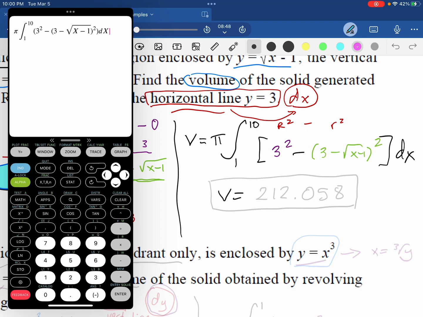It might take the calculator a minute to think about it, but I'm coming out with 212.058. So if you want to pause here for a minute and see if people can get to that point and check in. And then when you're ready, you can go on to example 2.